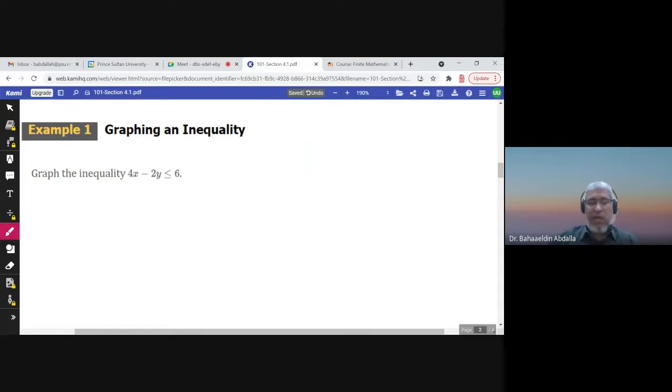Let us take an example. The first step is to graph the line 4x - 2y = 6. And this time there is equality here, less than or equal, so this line will not be dashed. To sketch the graph of this line, all I need is to choose 2 points.